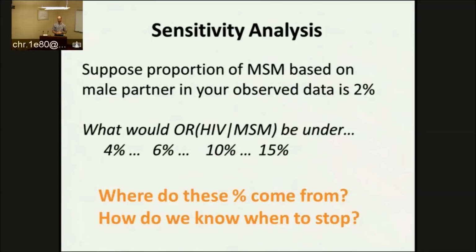What would this relationship look like if it was 4%, 10%, 20%, and so on? But this is pure speculation, right? There's some advanced knowledge to this, so you wouldn't have completely implausible estimates here, but there's still this underlying question of how do I know what to put in here, and how do I know when to stop my sensitivity analysis? I could just keep going.